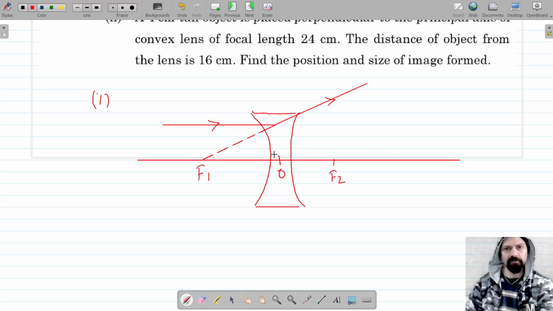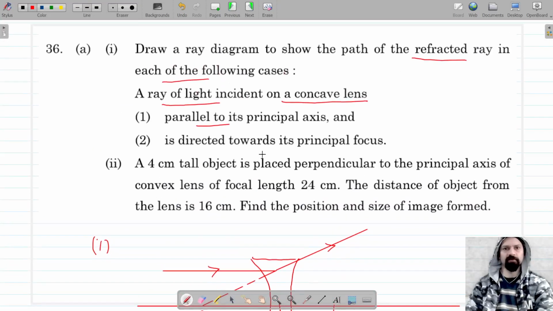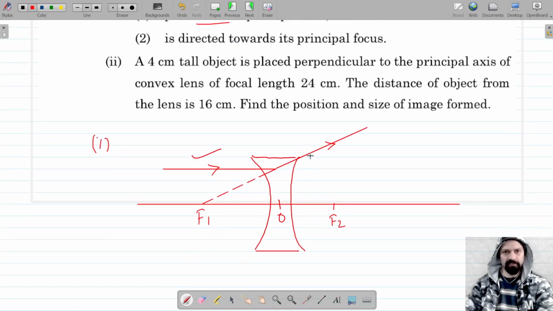So this is the path of the ray, and the ray of light is parallel to the principal axis. So it will be refracted in this direction, but it will seem to be coming from the principal focus.